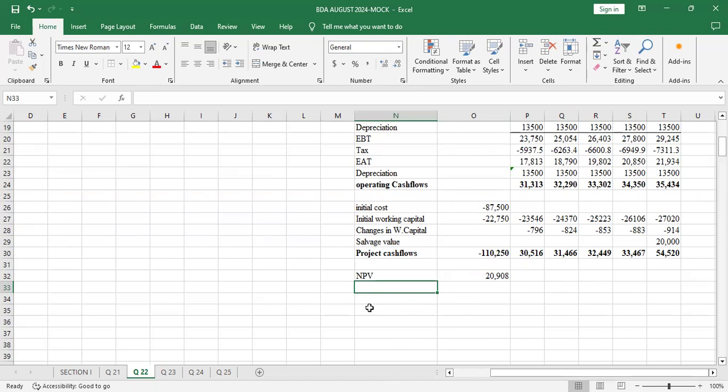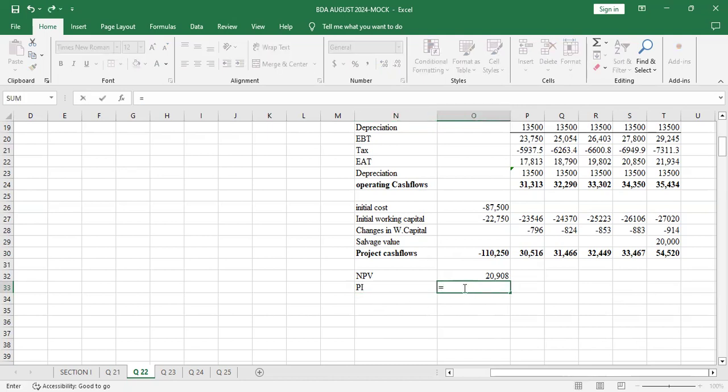The profitability index, that's what we are supposed to do. I'll just write it as PI. This is the formula: you say equals, then you put the bracket, then you pick the project cash flow for year 0, but you change it to positive.